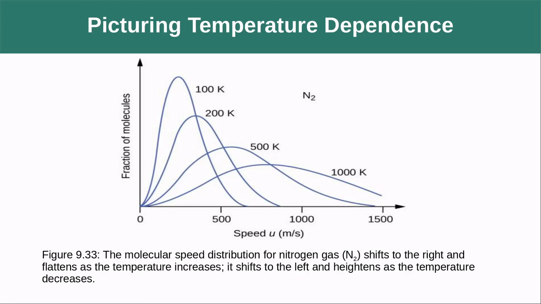As the temperature increases, we get more and more molecules that are moving quite rapidly out here, and the whole thing starts to flatten out, and we get a wider distribution in general. Whereas when it's a little bit colder, you see that there is a nicer, tighter distribution of RMS speeds.